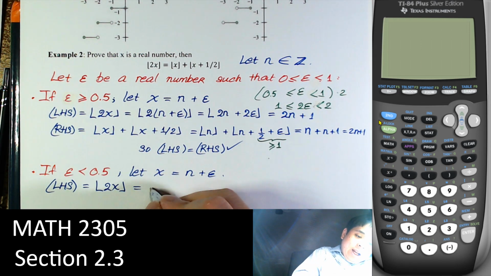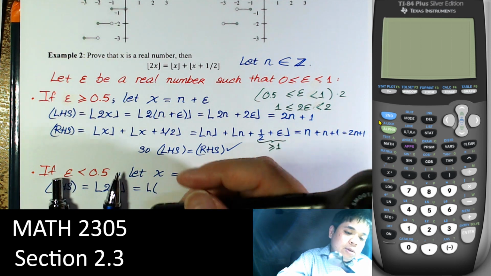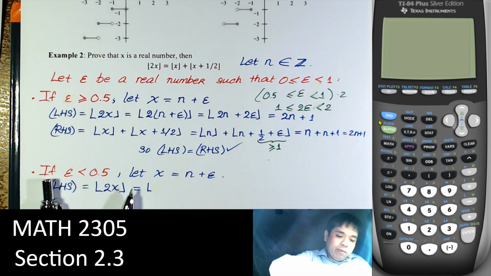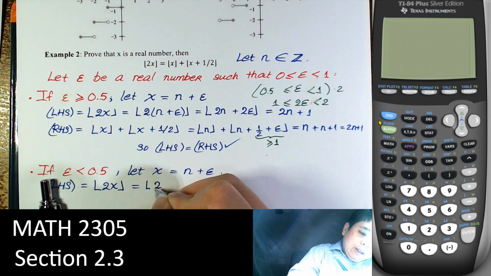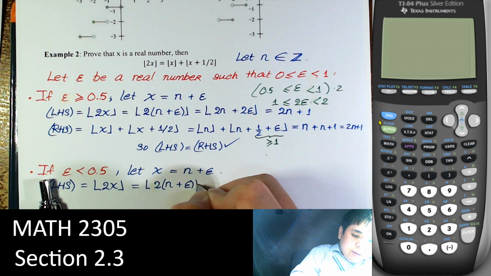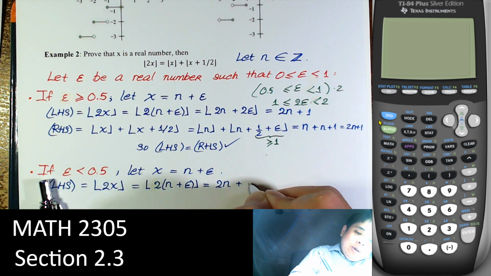So it's going to be 2 times n plus epsilon. That would be 2n plus 2 epsilon.